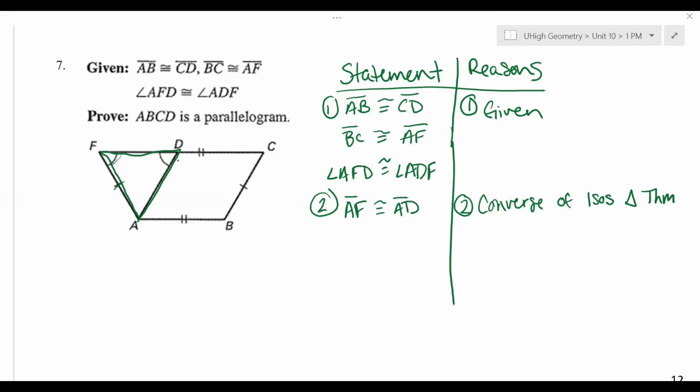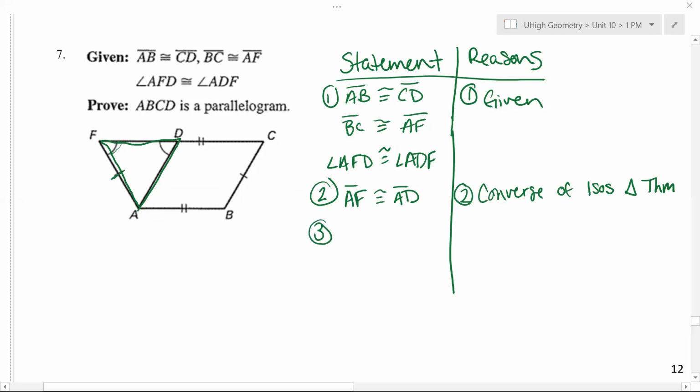All right, next part, statement number 3. I'm going to mark that congruence in my image. I know that AF is congruent to BC. That was one of my givens. I know that AF is congruent to AD. That's what I just found. So I also know that segment AD is congruent to segment BC.